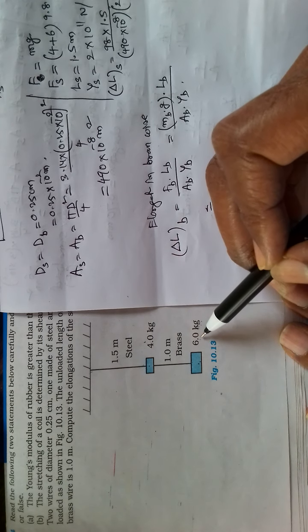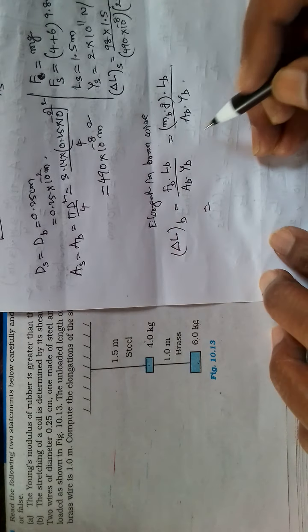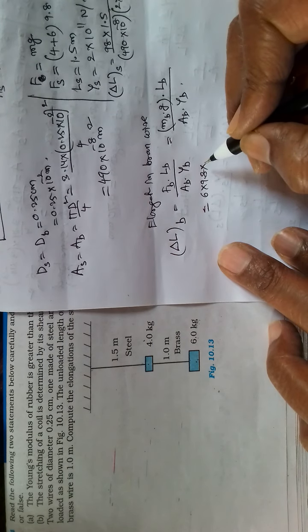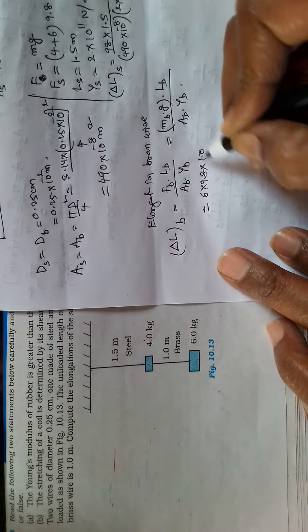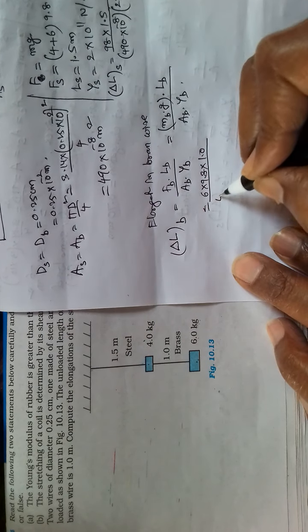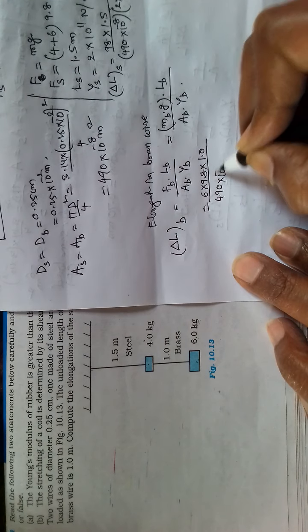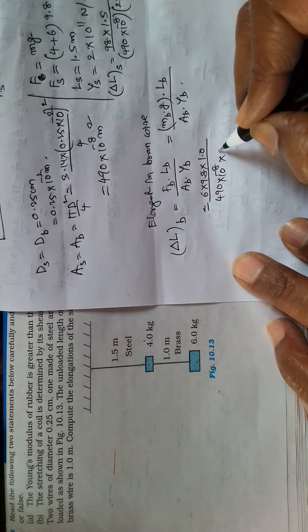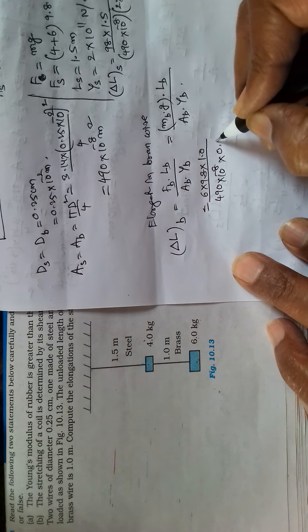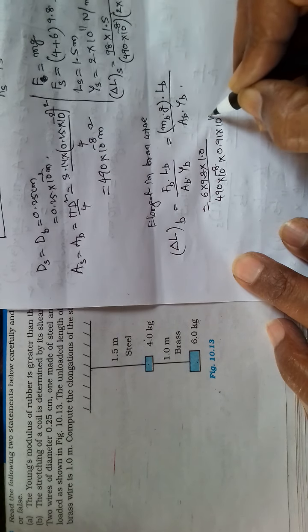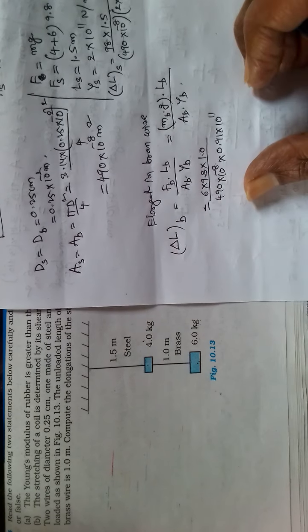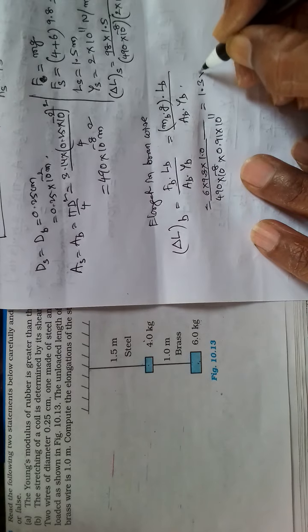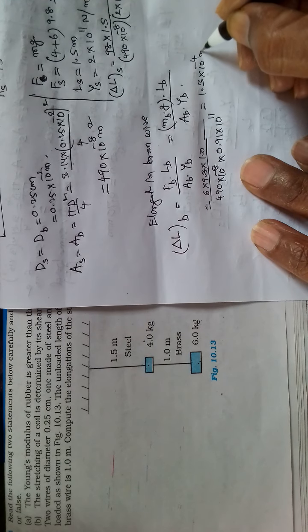So mass to be taken is just 6 kg. So 6 into 9.8 into LB, its length is 1 meter, divided by cross sectional area common for both, 10 power minus 8 into, and for brass its value is 0.91 into 10 to the power of 11. That gives 1.3 into 10 to the power of minus 4 meters.